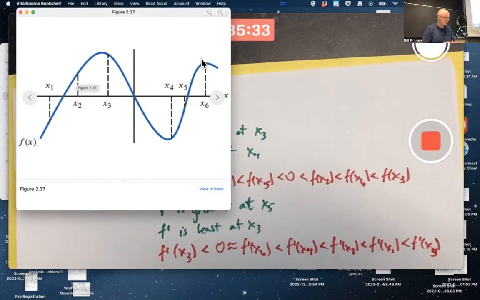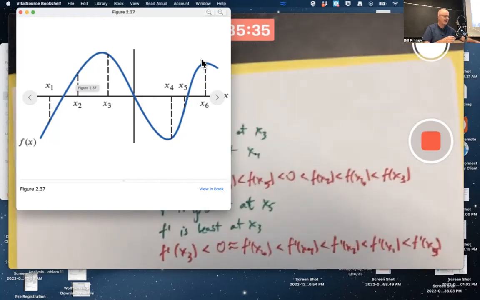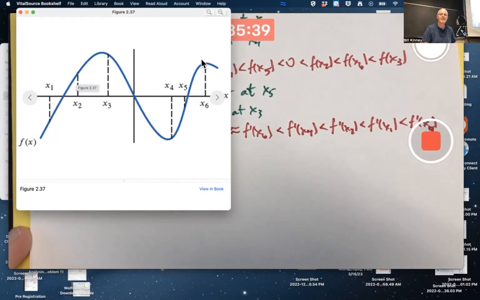Yeah, what would happen if we turned the problem around? As will happen in later sections, maybe not until chapters 4 or 5. What if this were the graph of the derivative instead of the function f? What if this were the graph of f prime?